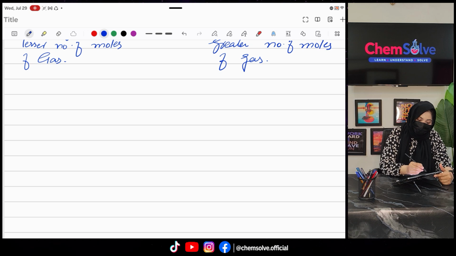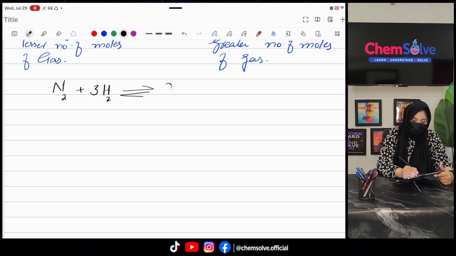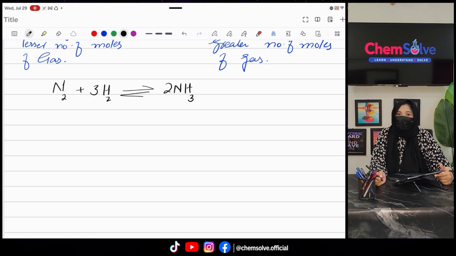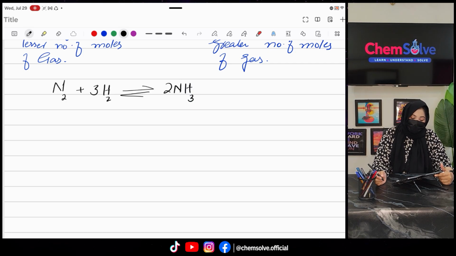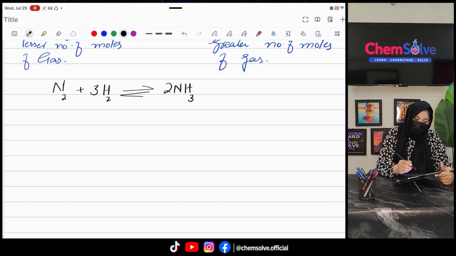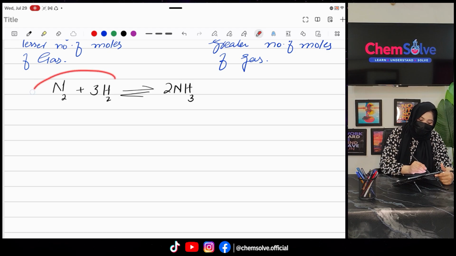For example, I'm going to take when nitrogen reacts with hydrogen, this is a reversible reaction, and it forms 2NH3 like this. Okay, so how many moles of the gases are here on the reactant side?